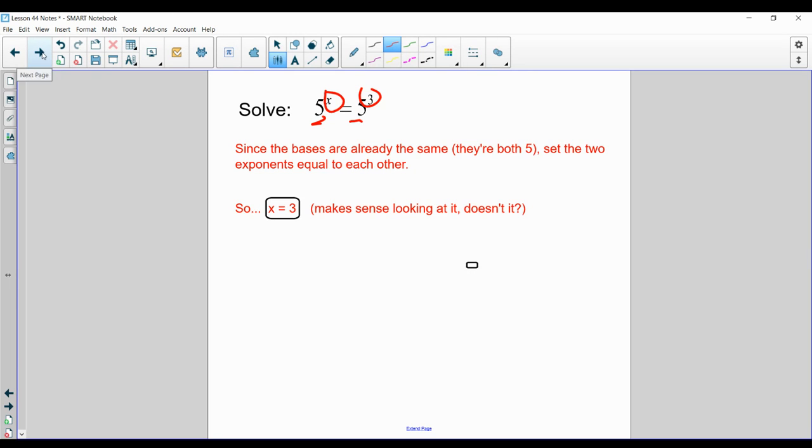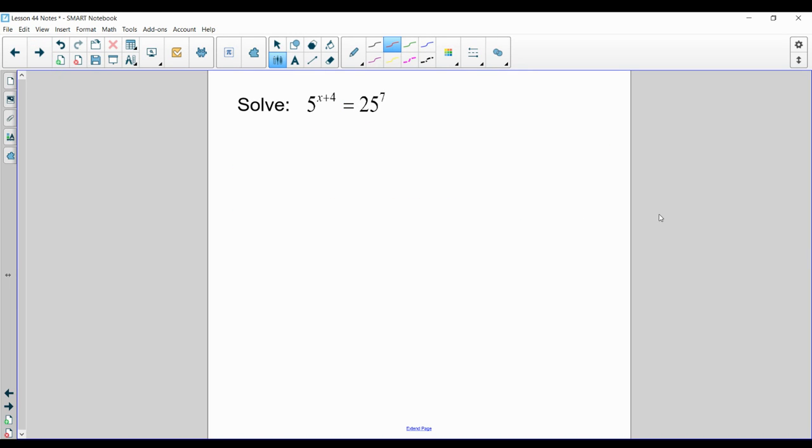Well, what if the problems get a little bit harder? What if they don't have the same base? Well, when that's the case, then if possible, you want to make them the same base. So 25, I can write that as 5 squared. So I'm going to leave this as 5 to the x plus 4 and make this 25 be 5 squared to the 7th.